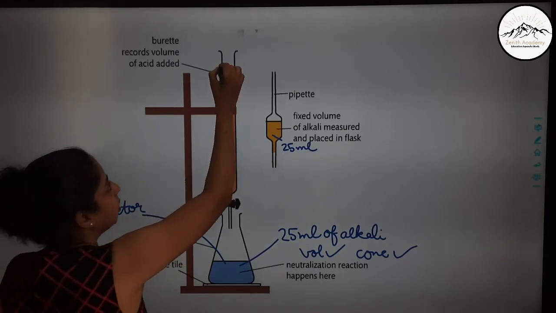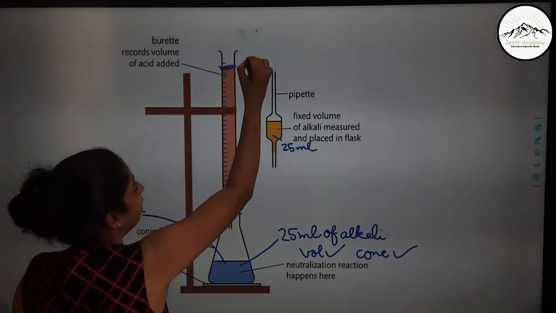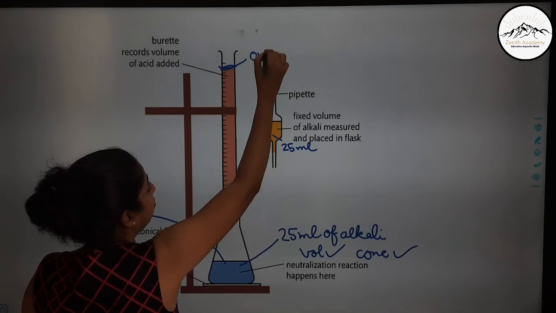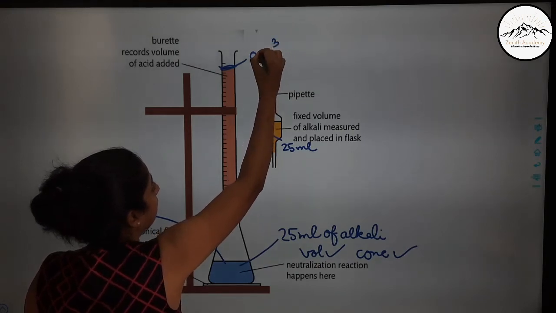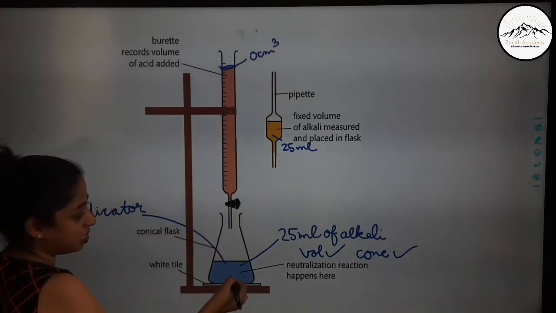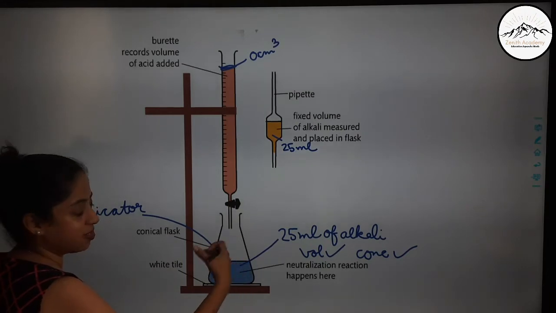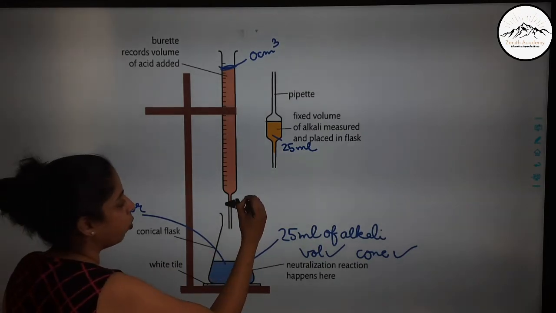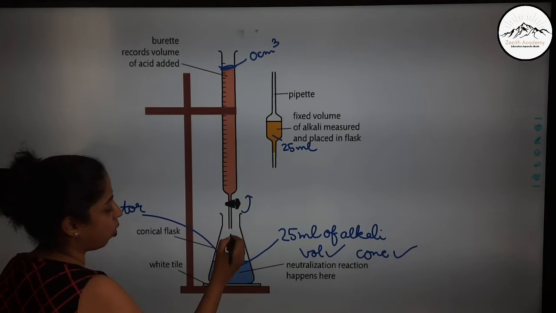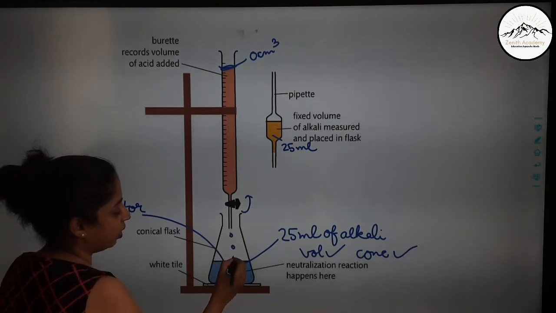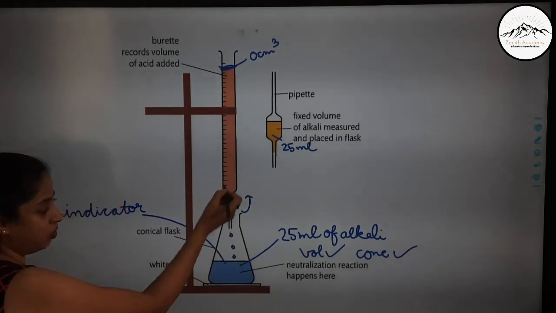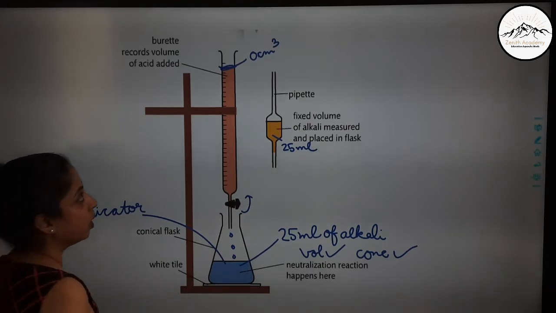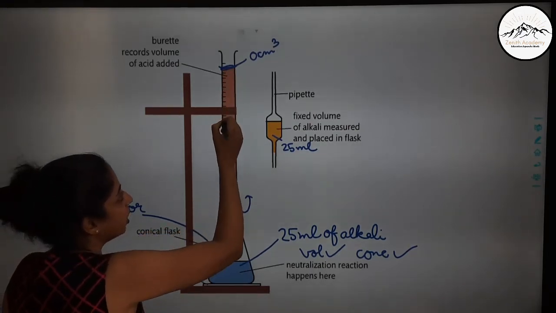Suppose the acid in the burette is at 0 centimeter cube or 0 milliliter. Then we run the acid into this flask by continuously swirling the flask and opening the stopcock. The acid flows into it dropwise, and the level goes on decreasing.